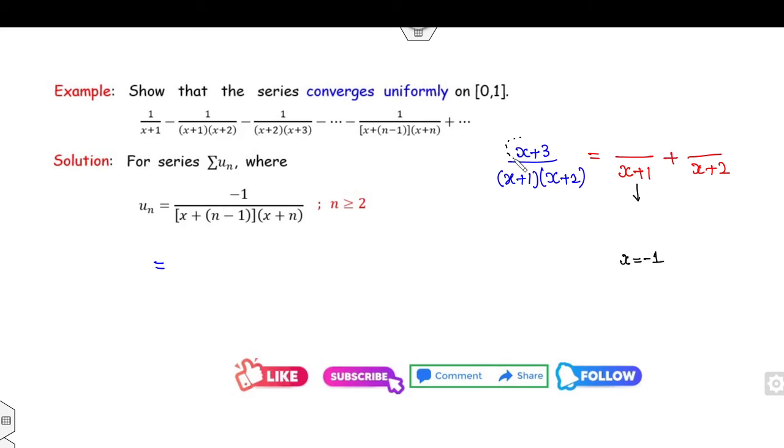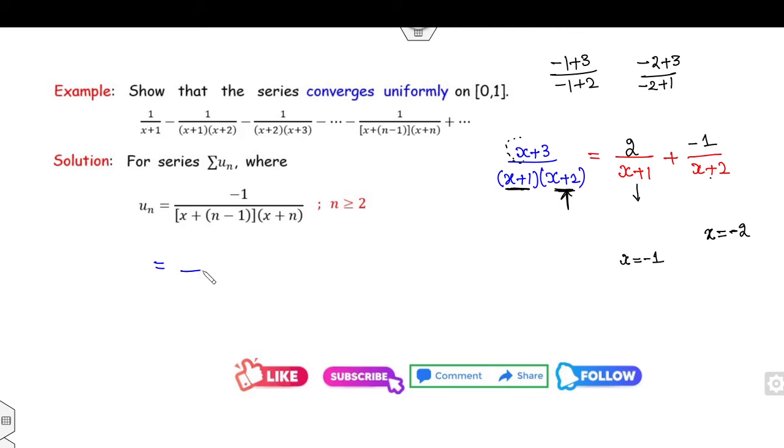I substitute x equal to minus 1 everywhere apart from this term. So the value will be minus 1 plus 3 divided by minus 1 plus 2. The answer is 2. Similarly, for this case, I can substitute x equal to minus 2 everywhere apart from this term. So minus 2 plus 3 over minus 2 plus 1. Answer is minus 1. So this is the partial fraction.